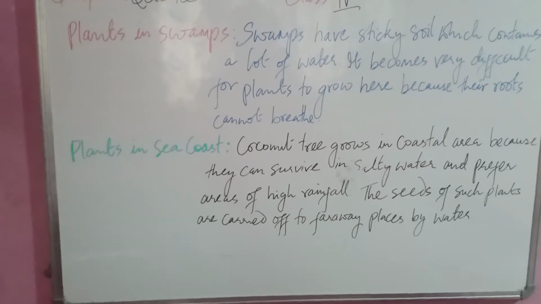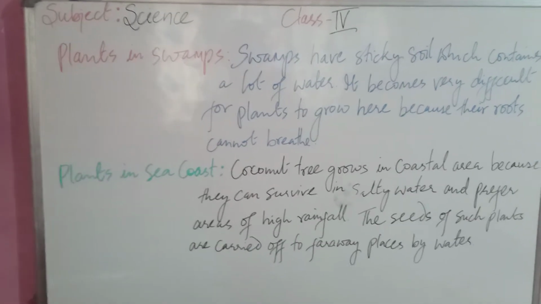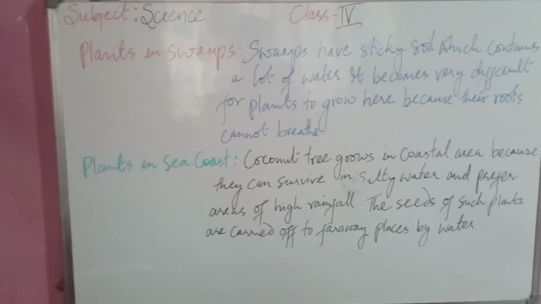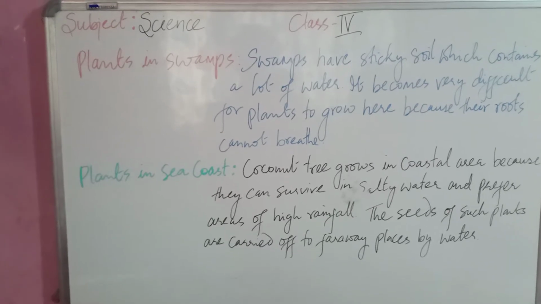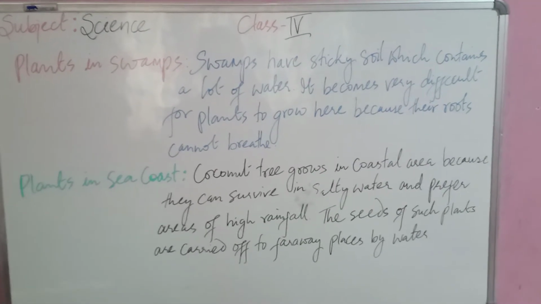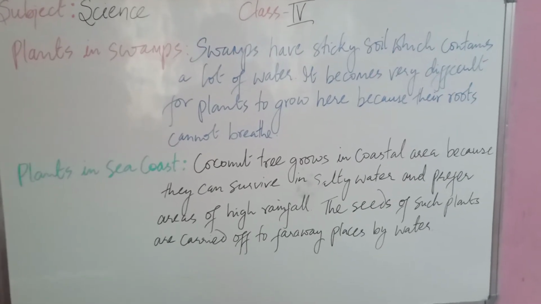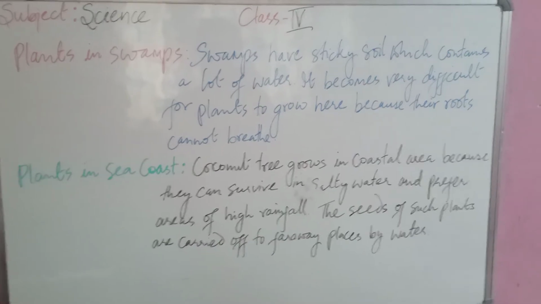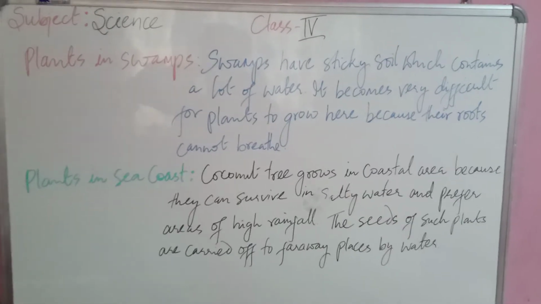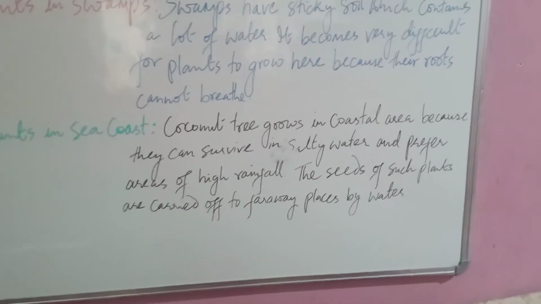So the coconut tree is the only tree which can survive in the coastal area because it can survive in salty water and prefers areas of heavy rainfall. And the seeds are also carried away by the seawater so that it can grow on another coastal area as well.